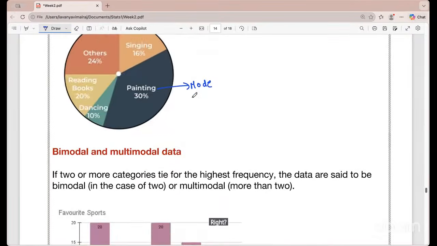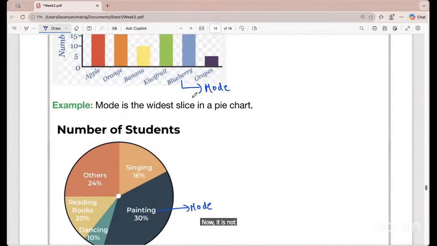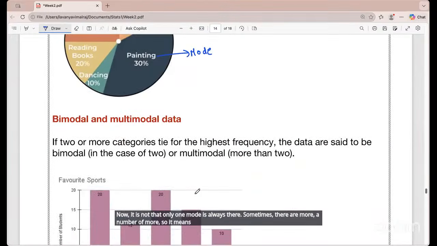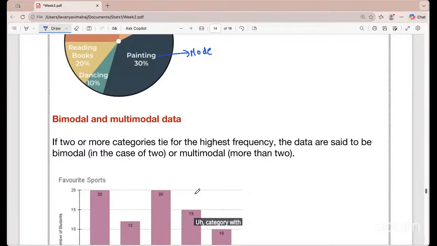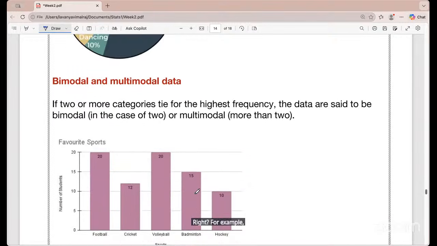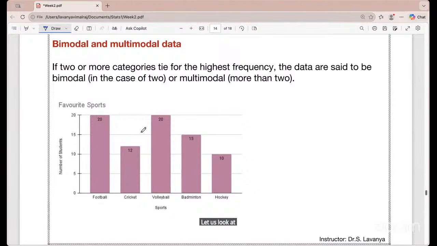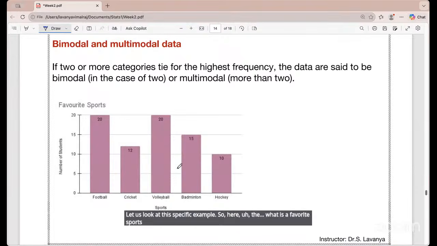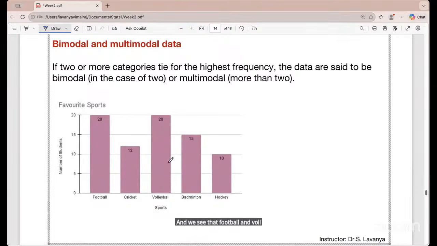All right. Now, it is not that only one mode is always there. Sometimes there are more modes. It means more than one category can appear as the category with the highest frequency. For example, here the favorite sport of a group of students is observed, and we see that football and volleyball have the same number of students, 20 and 20.